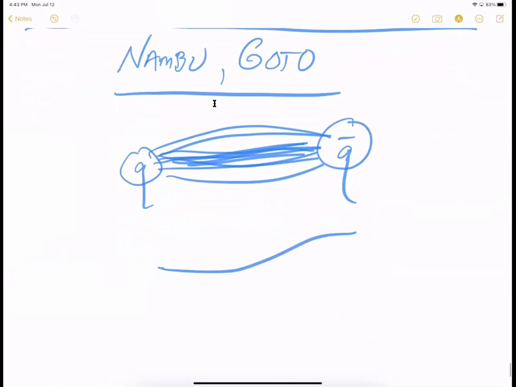And so what they thought they would look at is, what if you had a piece of string with, say, red and green charges on the ends, or whatever other quark properties you need on the ends, but can you predict the spectrum of mesons from the spectrum of a piece of string?